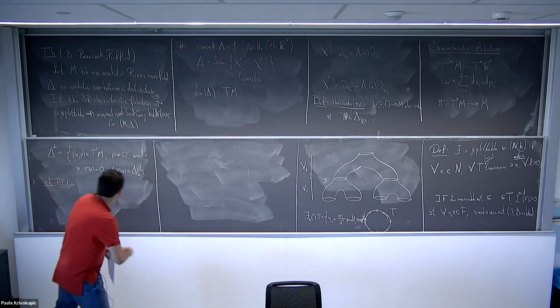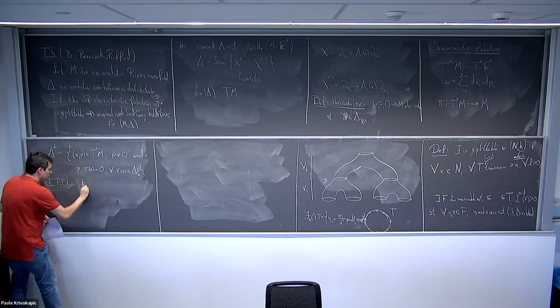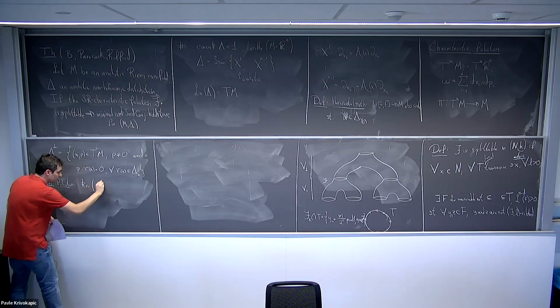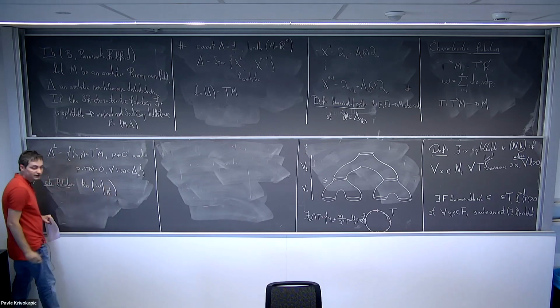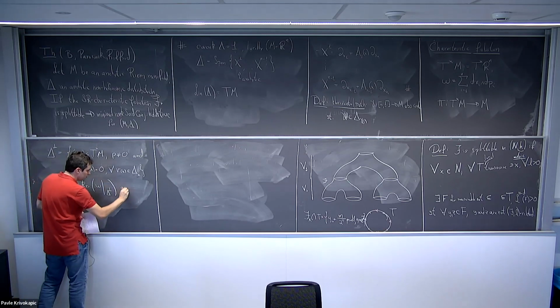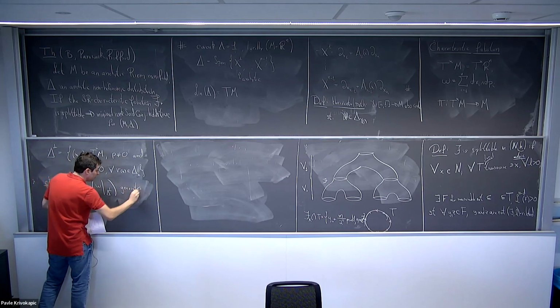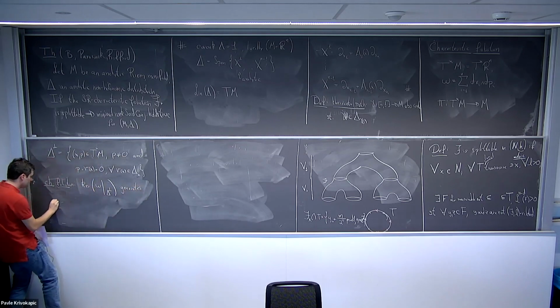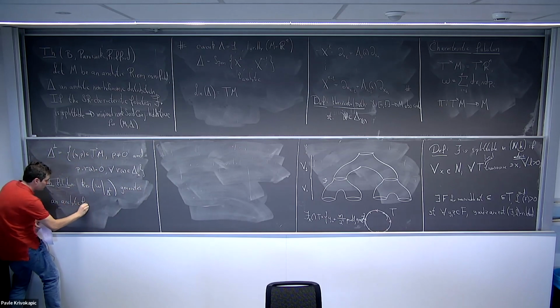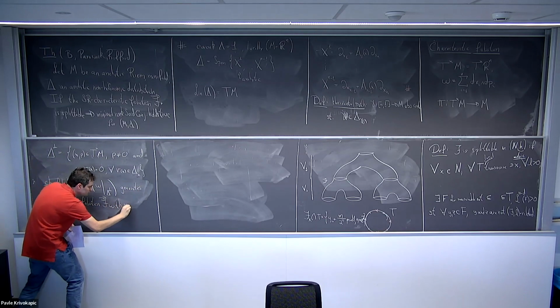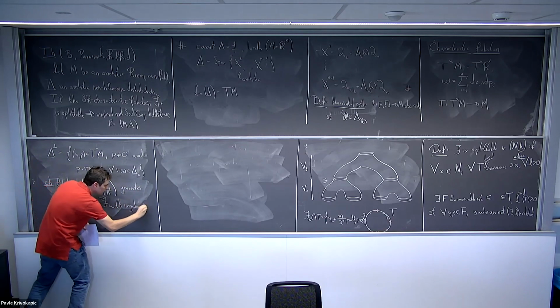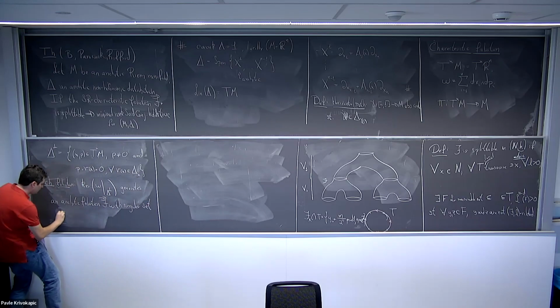If I take the kernel of the symplectic form restricted to this subset, this will generate an analytic foliation F with singular set sigma.